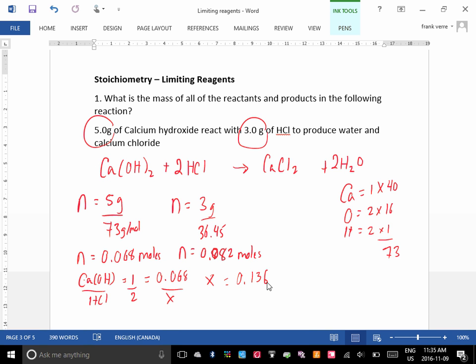Now, that's how many moles of HCl you would need. Do you have that many moles of HCl? No. So when it comes to limiting reactants, the one that you have too much of is not your limiting reactant, the one you don't have enough of is your limiting reactant. So in this case, we need 0.136 moles of HCl.